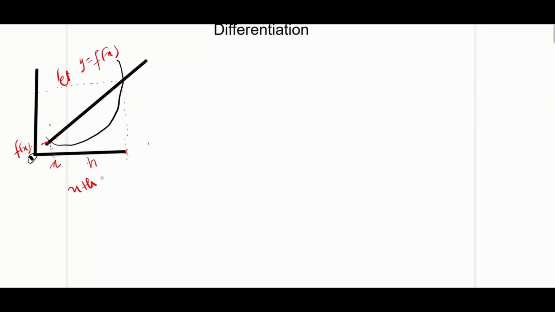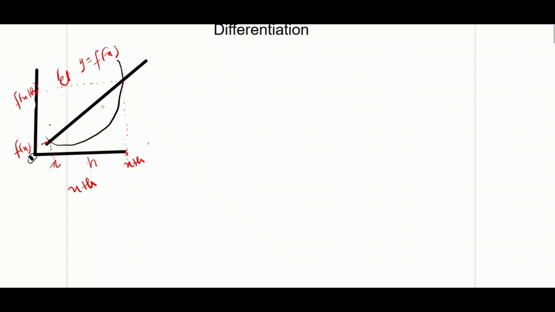So this point is x plus h, but here is also x. Then our y over here is going to be f of x plus h, sorry, so here will be f of x plus h.